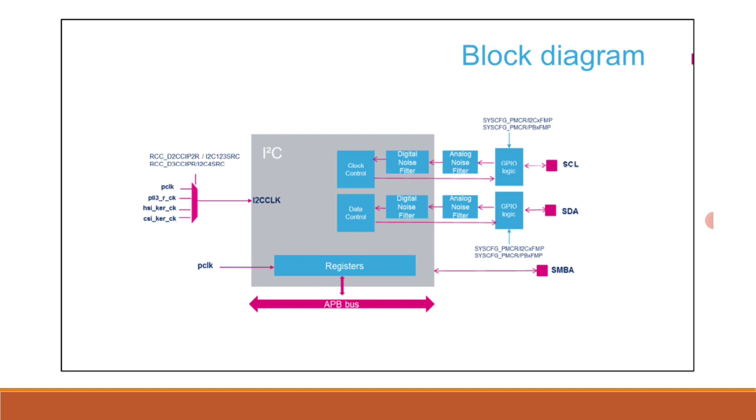And clock control will have GPIO logic and then analog noise filter and digital noise filter, and then it comes into the clock control. So this is the block diagram.